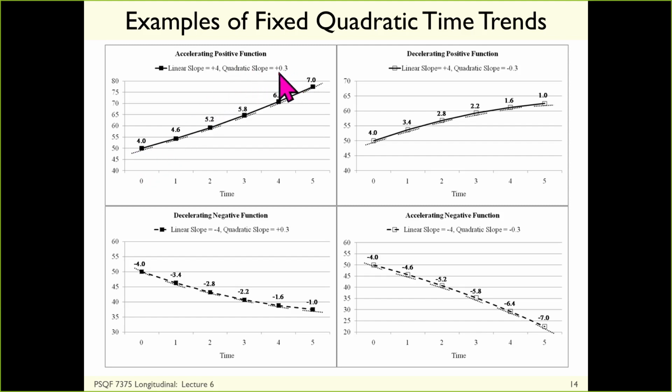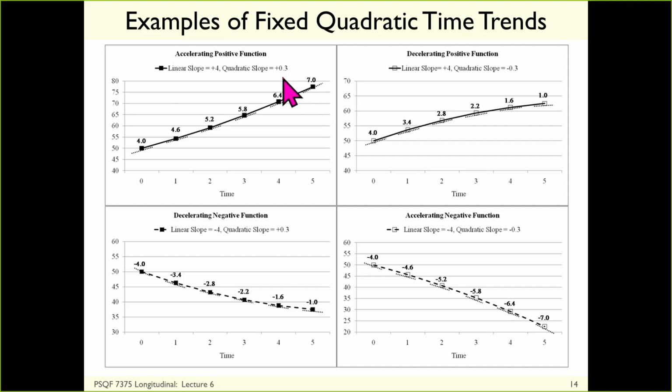As time goes on, the quadratic slope kicks in, and for every additional change in 1 unit of time, so going from 0 to 1, 1 to 2, 2 to 3, the linear slope that was 4 becomes more positive by twice the quadratic coefficient.